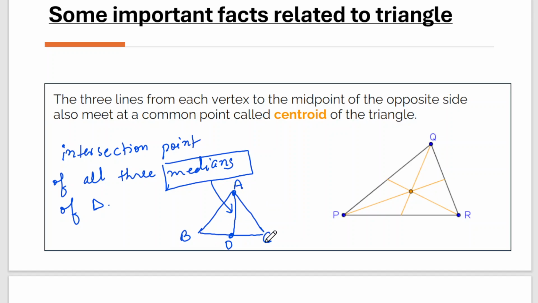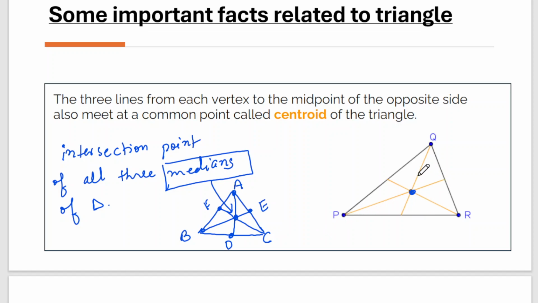See, take the midpoint of A and C. Suppose I take the midpoint as E, and now I will join it to opposite vertex B. Okay, now on AB also I take a midpoint F, and I will join it to opposite vertex C. You will get one intersection point, and you can compare from here also.